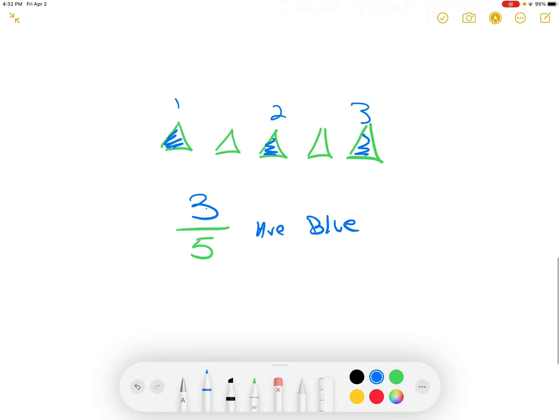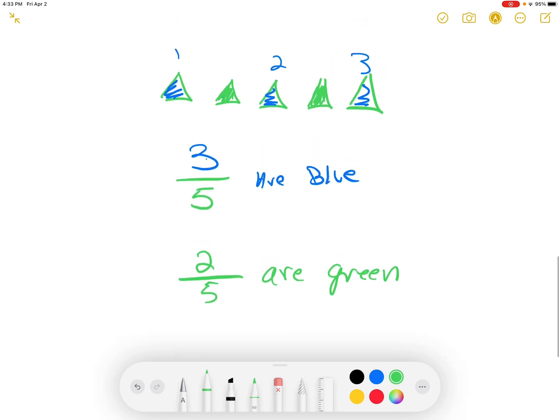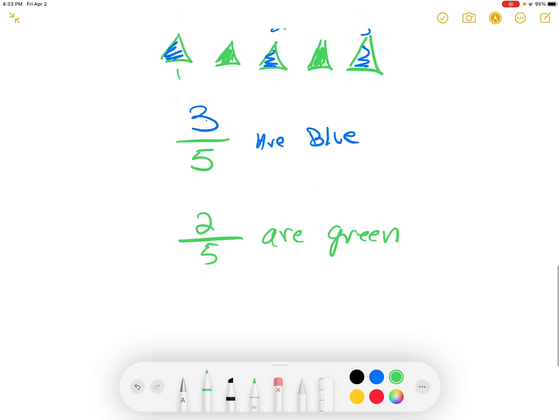How many of the triangles are green? Well, or empty. It's going to be this one, 1 and 2. So that's going to be 2 out of 5 are green. And how many total, or a better way to say that would be, how many of these objects are triangles? Well, 1, 2, 3, 4, 5. 5 out of 5, or the whole set, right?